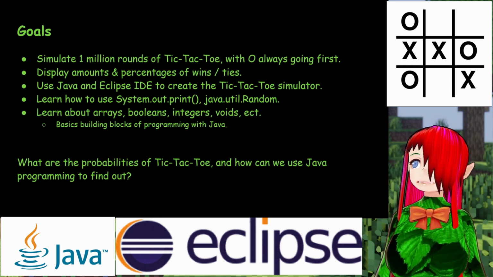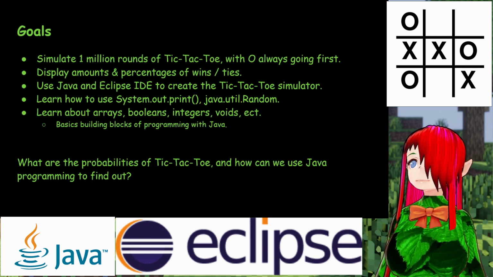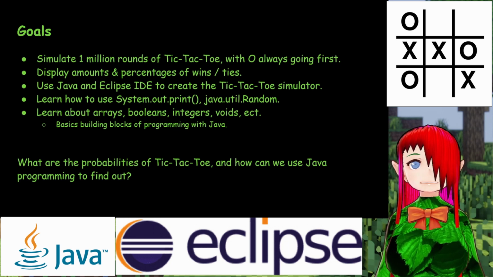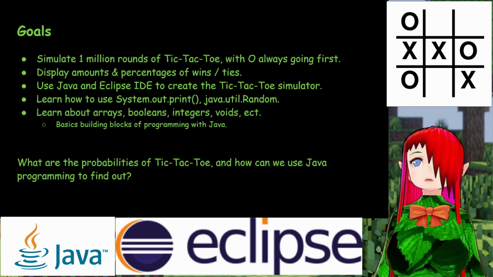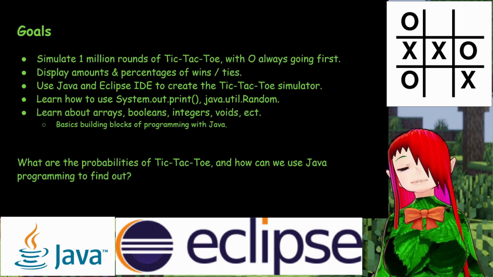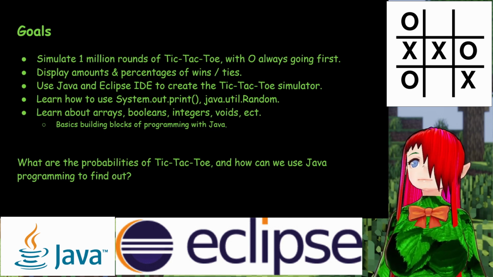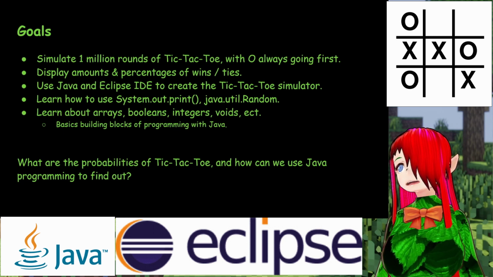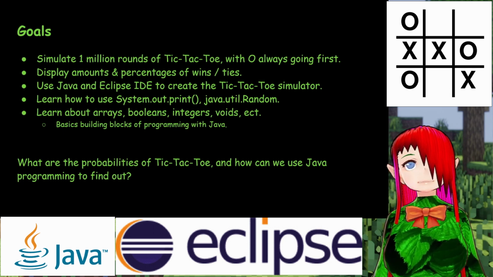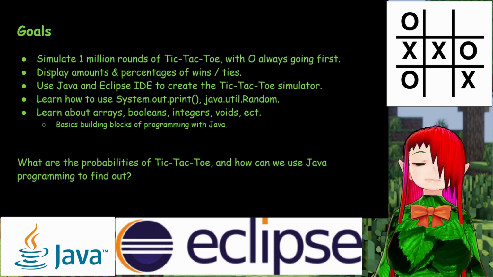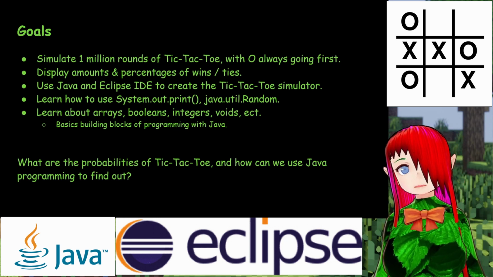Here are some of the goals we're going to have for the first episode. We want to have a lot of rounds, right? Because we could play a couple of rounds, but think about it. If we were to try to play a million rounds of tic-tac-toe in real life, that would take forever. But when you use programming and computers, it makes life a lot easier because you can play those games in milliseconds, really fast.